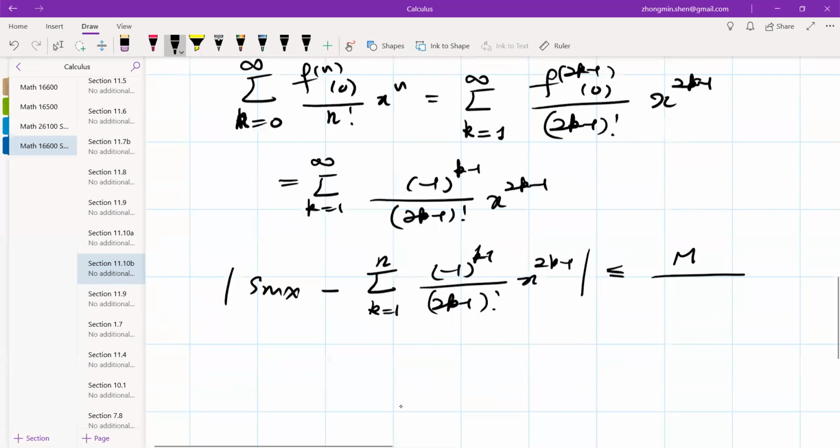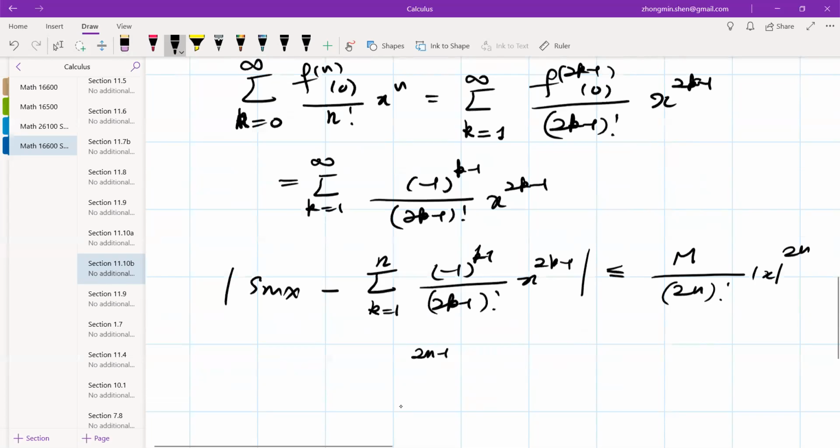And this is going to be absolute x to the 2n, so actually the last term is 2n minus 1 when k equals n, and adding 1, that is going to be 2n. And what is M? M is going to be a bound on the derivative of order 2n.